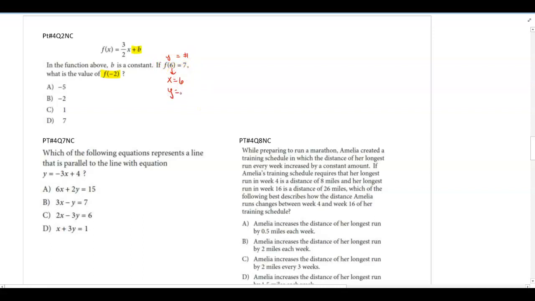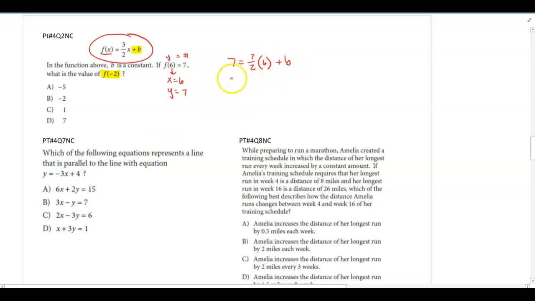Our output value y is 7. So what we're going to do is plug that ordered pair in here. So if x is 6, we're going to replace f of x with the y value, which is 7, equals 3 over 2 times 6 plus b.